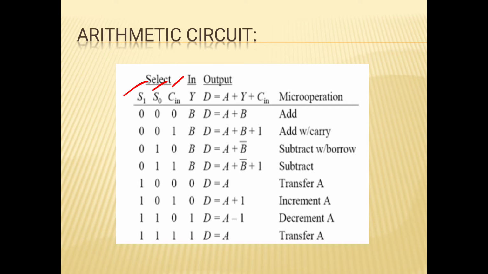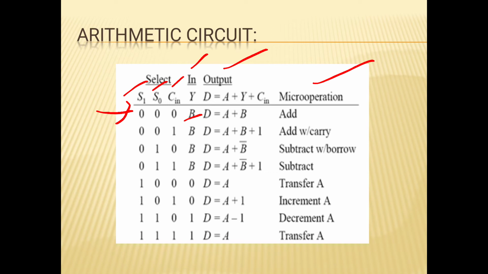Okay, and input Y, output which is produced by the full adder, and micro operation which is performed by the arithmetic circuit. Now, when the value of S1, S0 and Cin is 0, 0, 0, then it will produce the Y input as B, because we already discussed that when the value of S1, S0 is 0, 0, then it will produce the B value.